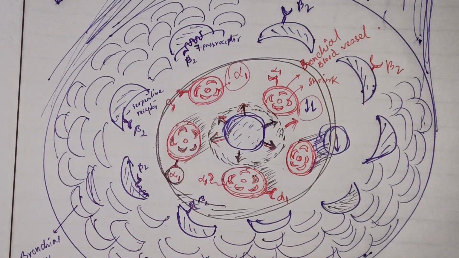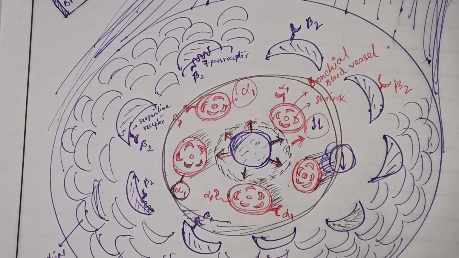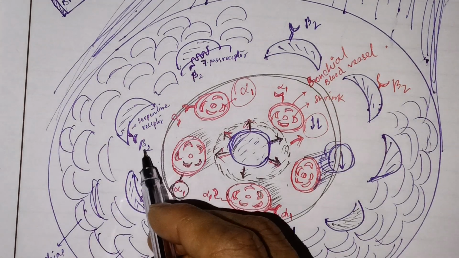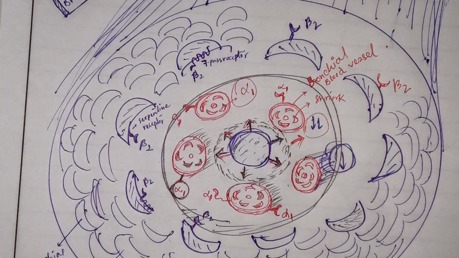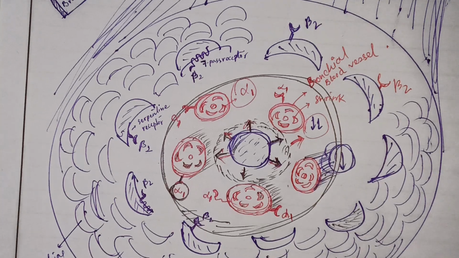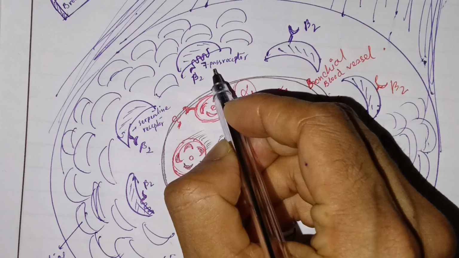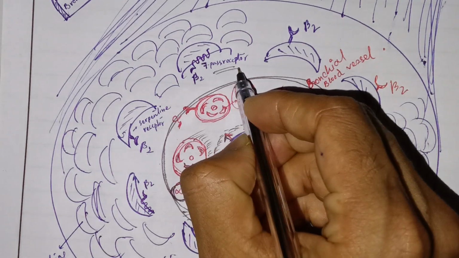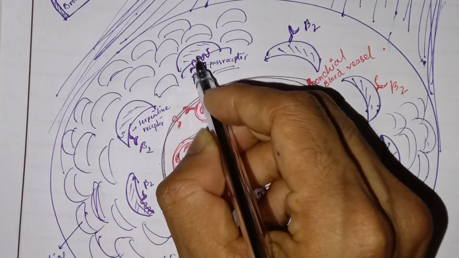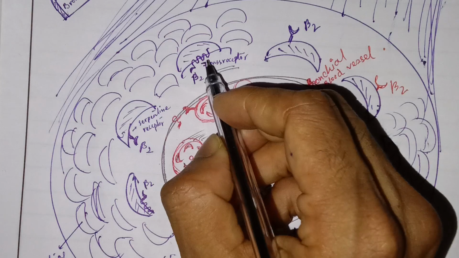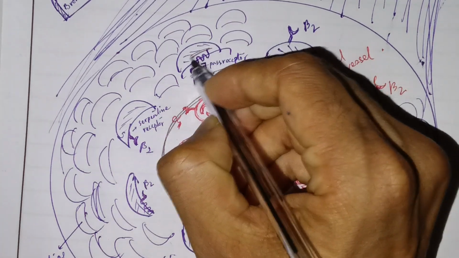Okay, now I want to tell you one thing: this beta 2 receptor and alpha 1 receptor are adrenergic receptors. Adrenergic receptors are also called 7-pass receptors. Why are they called 7-pass receptors? Because this receptor passes 7 times through the cell membrane: 1, 2, 3, 4, 5, 6, 7.